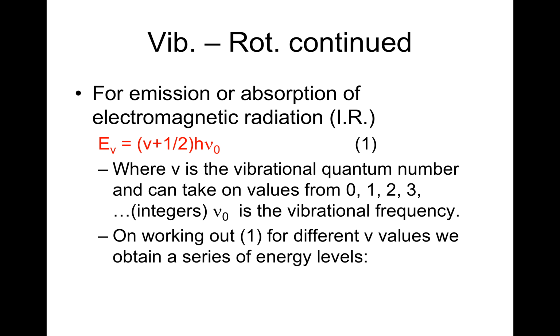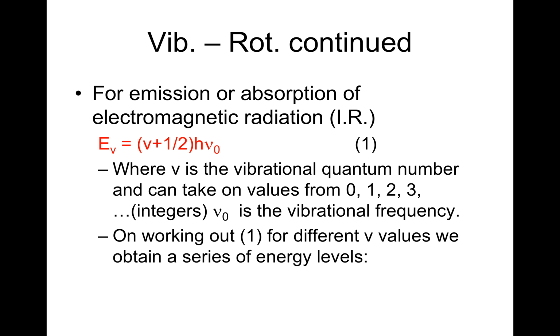For emission or absorption of electromagnetic radiation, in the IR, E_v is equal to (v plus a half) h nu naught, where v is the vibrational quantum number, and can take on values from 0 to 1 to 2 to 3, that is integers.